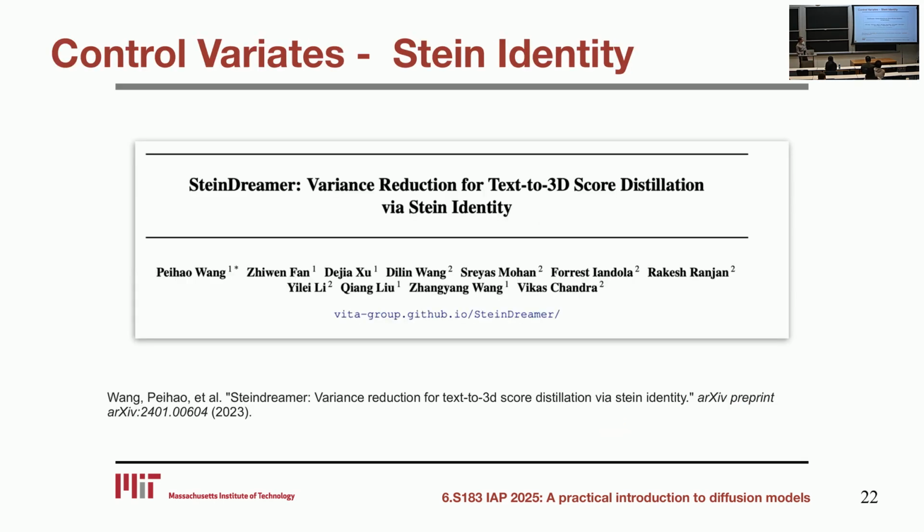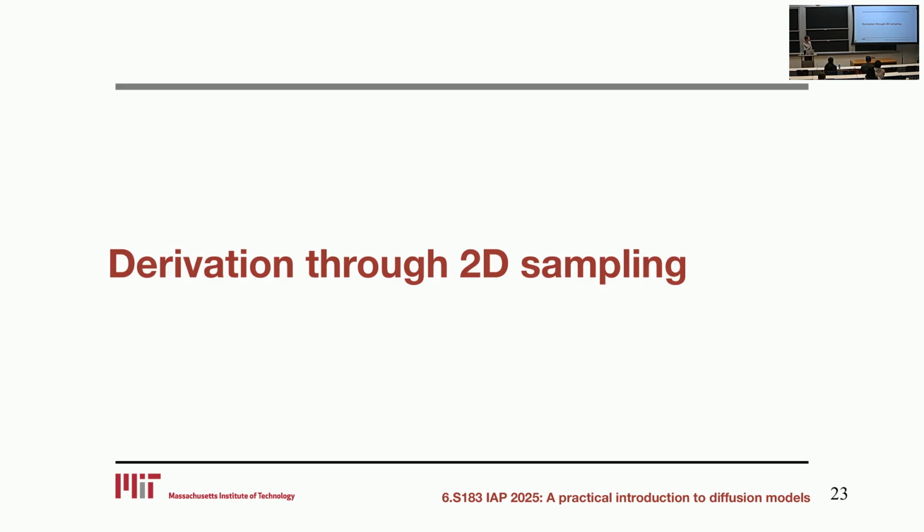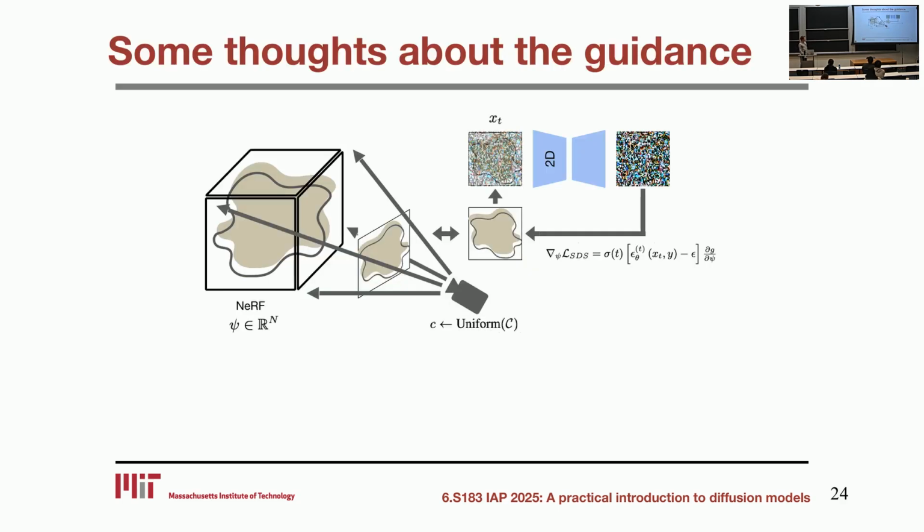Right. I really want to go to the second part of this. There is another perspective, and I found it quite intuitive. So let's look into that. How can we get a feel for score distillation through this view? Remember how there are two parts, right?